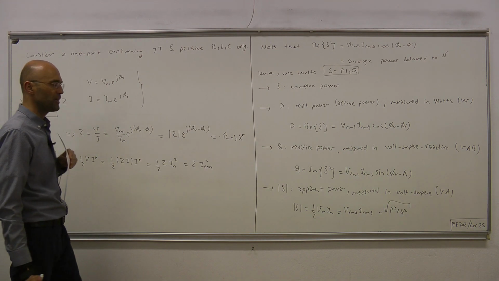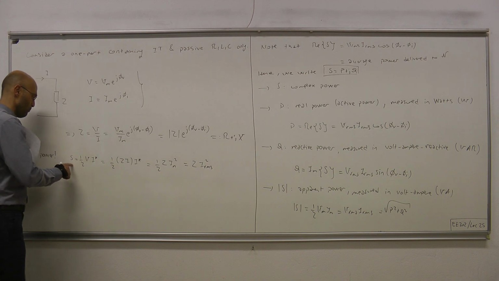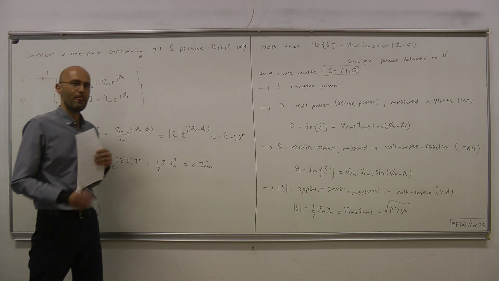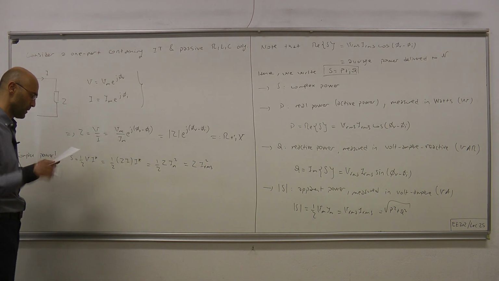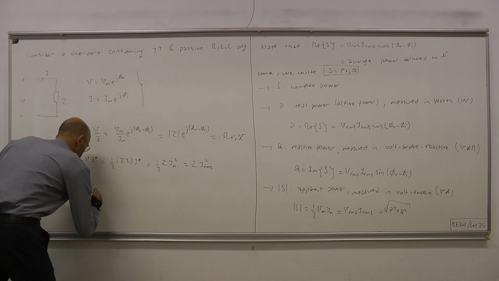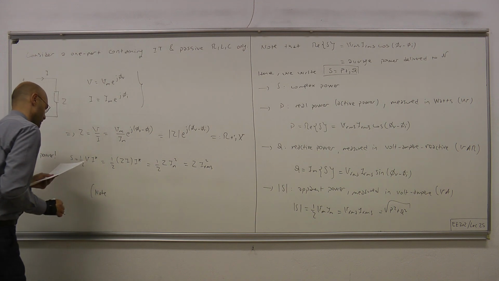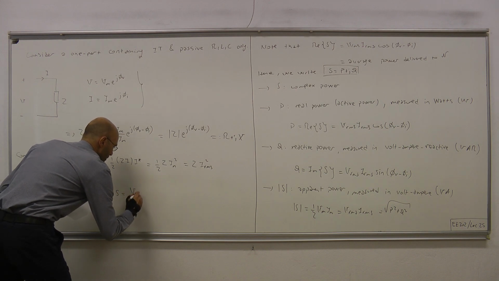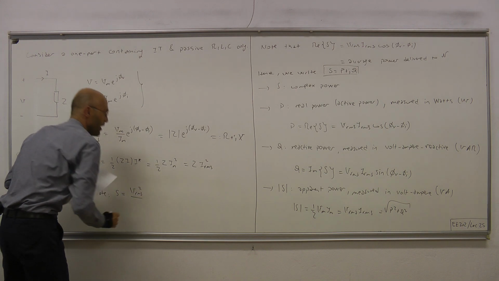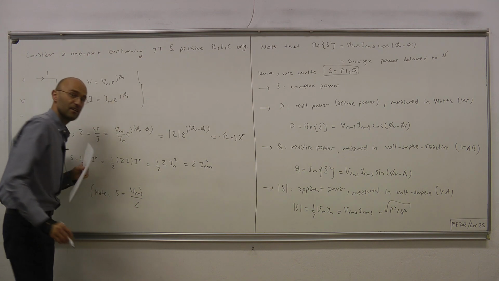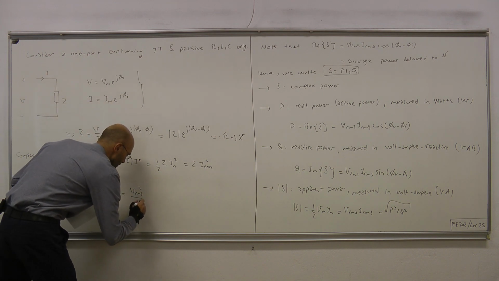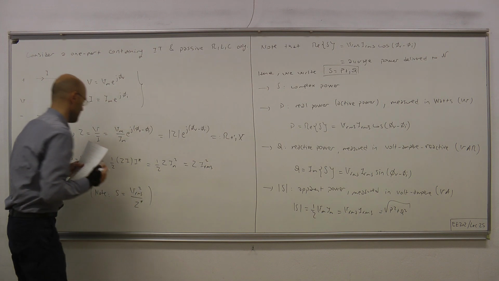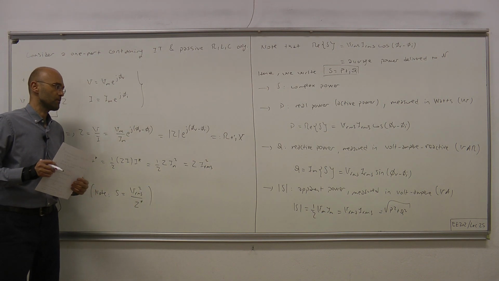If you express complex power in terms of the effective value of the voltage, then you would have S equals V RMS squared divided by not Z, but Z conjugate, which directly follows from the definition.